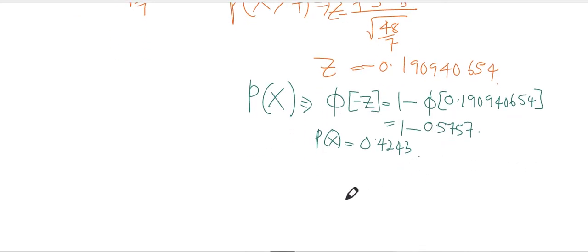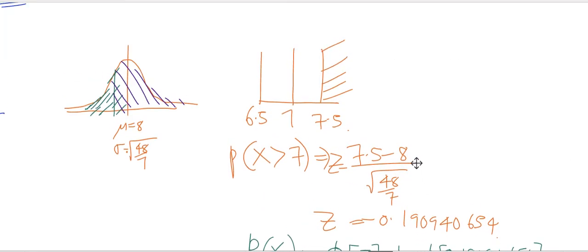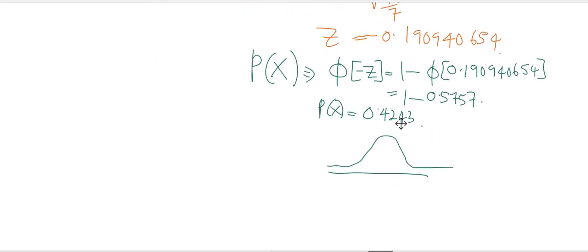So 0.4243 is the region to the left, this green region. But the question says more than 7. Although our MF19 gave us the region to the left hand side of 7, which is 0.4243, that is not the area that I wanted.